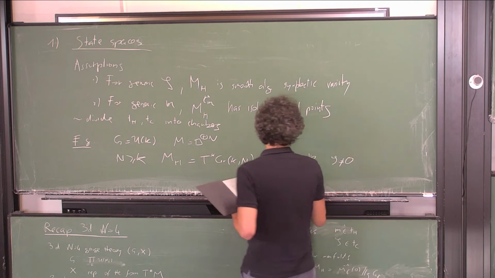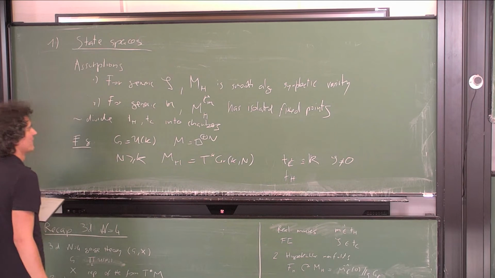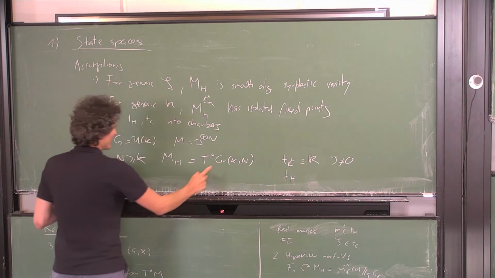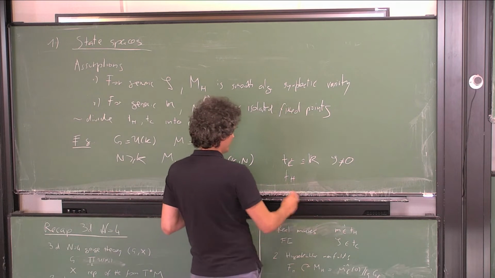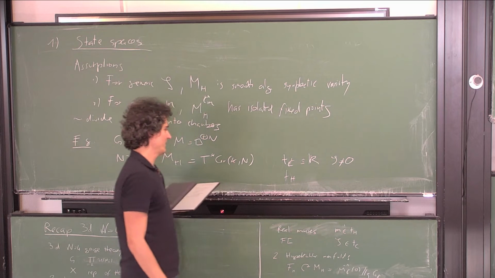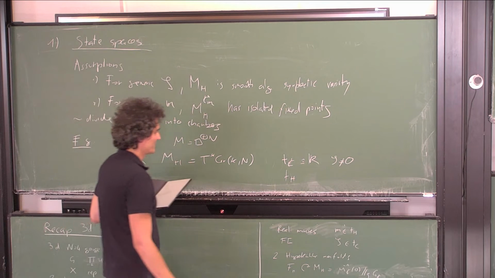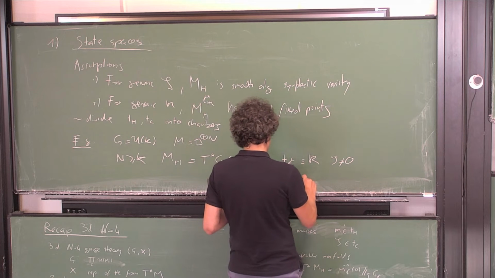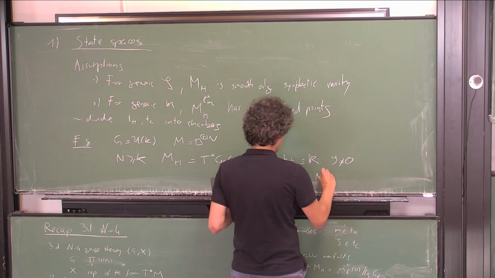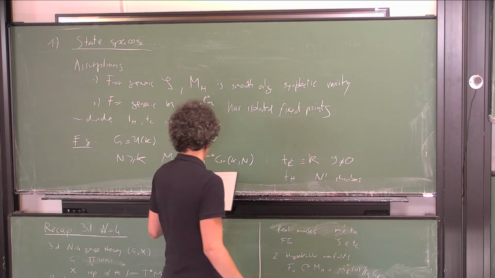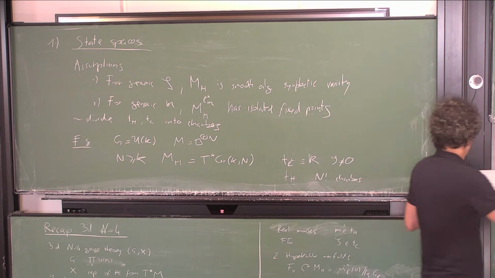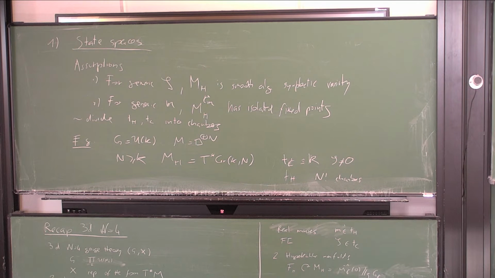Whereas for T_H, I have an isometry acting here that is basically PSU(n), with R to the n minus 1 parameters, and the chambers are given by an ordering of that, so I'm going to have n factorial chambers. And I'm just going to pick one. This is just to give an example.